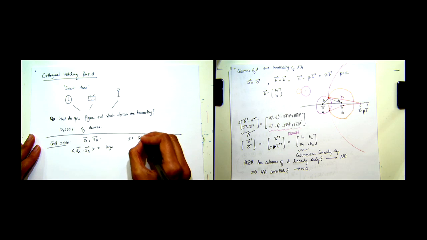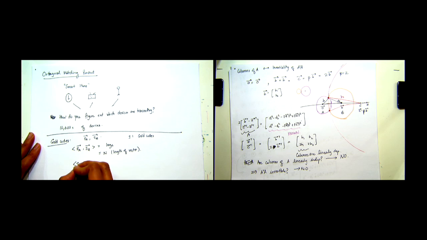In fact, if we have plus/minus 1 gold codes, this would be equal to n, which is the length of the vector. And we know that S_A inner product S_B is very small, right? These are almost orthogonal.